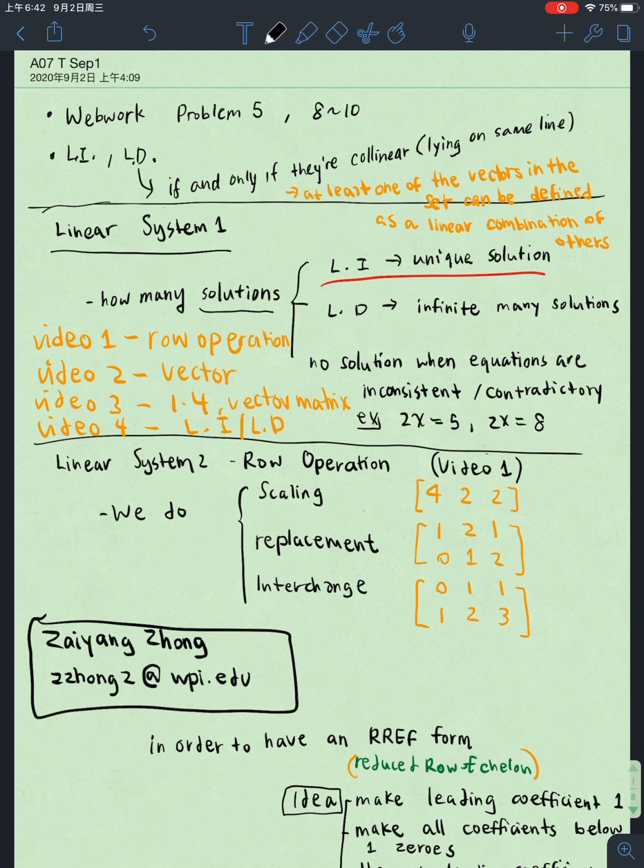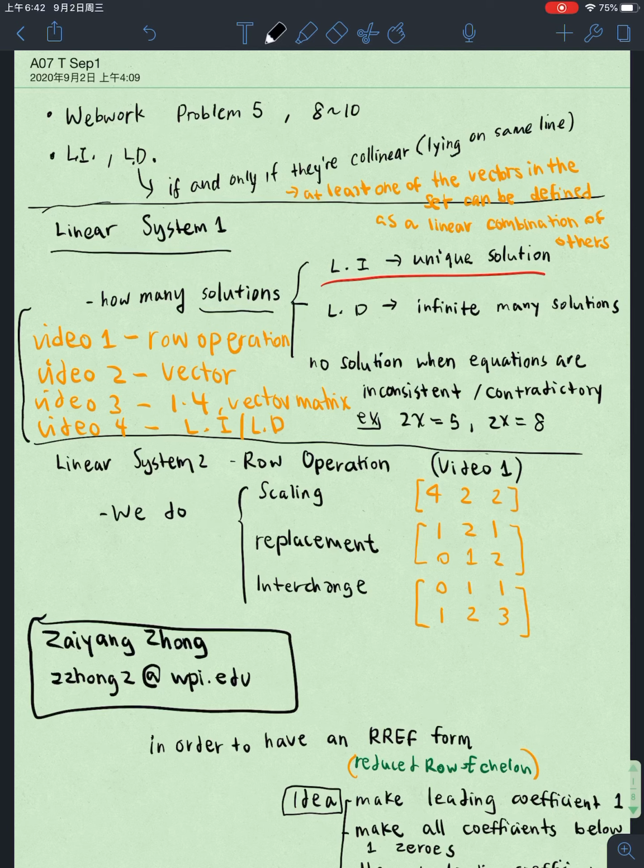So in this conference, I will basically go over some basic concepts introduced in the videos the professor posted on Canvas. You can go to Modules and find all of these videos. The professor introduced some row operations in video 1, some basic knowledge about vectors and how they operate in video 2, and in video 3 it's about the vector matrix.